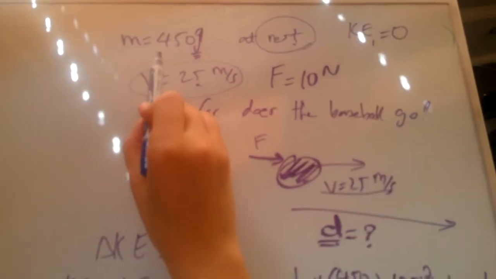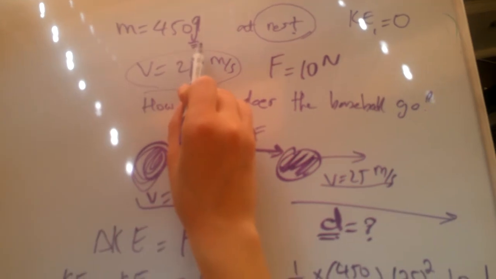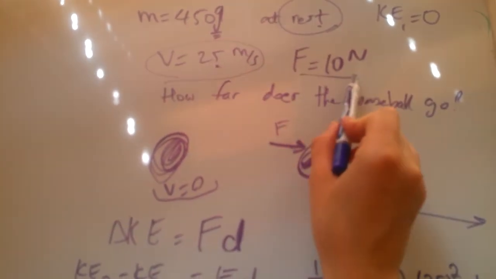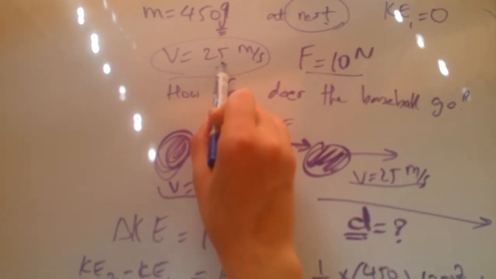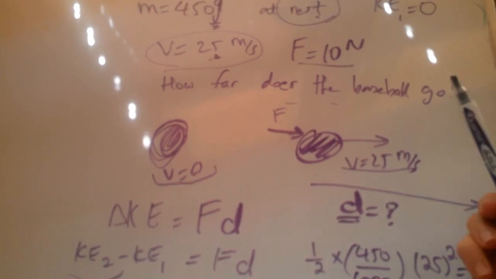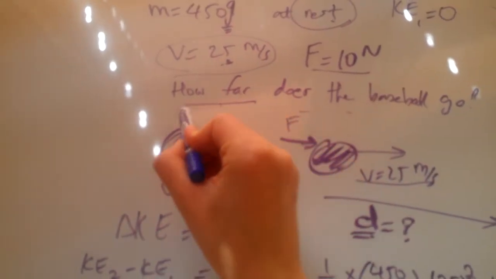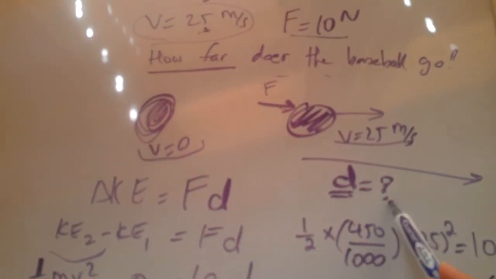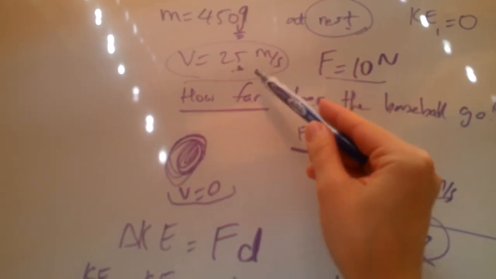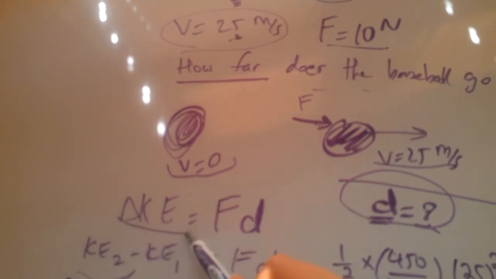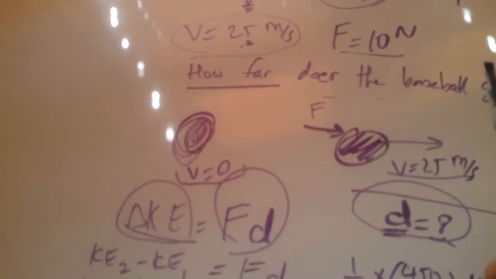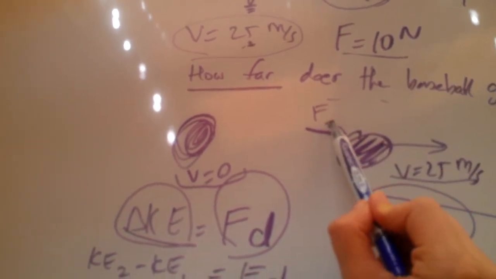If the ball is 450 grams and it's initially at rest, and I hit it with 10 newtons and give it 25 meters per second of velocity, how far does the baseball go? I know I'm looking for how far, which means the displacement. And I have the mass and the velocity, so I know the change in kinetic energy is force times displacement, which is essentially the work done by my force.